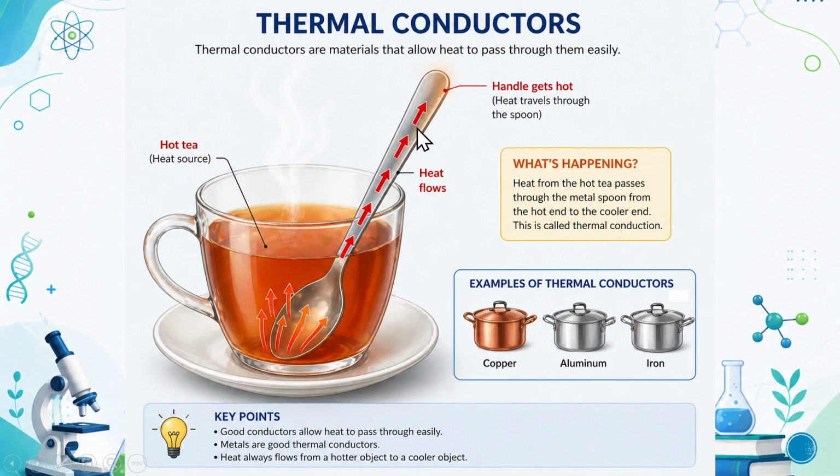Thus, the spoon is letting the heat flow, and the spoon is made up of metal, maybe steel or copper, and that's why we say the material here is a thermal conductor of heat. So the heat from the hot tea passes through the metal spoon from the hot end to the cooler end. This is nothing but thermal conduction.